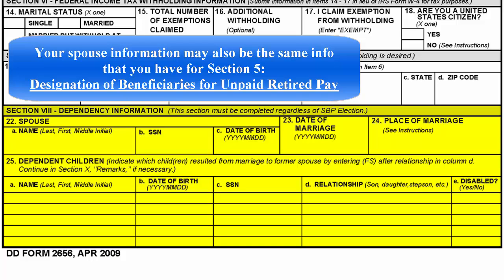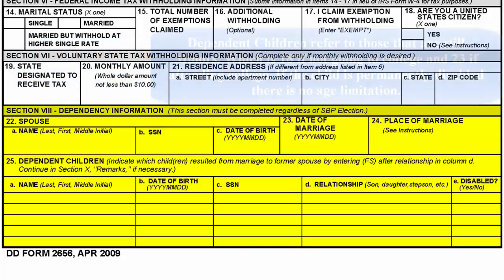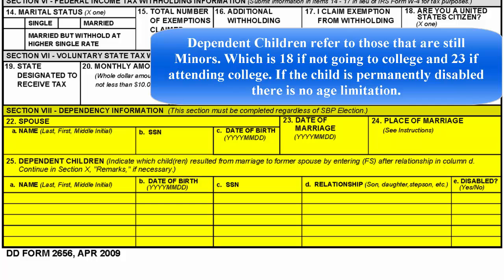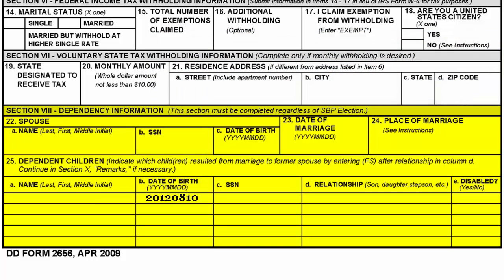This is okay. In Section 8, 25, dependent children, you will list children that are still minors. That means they are under the age of 18 or they are under the age of 23 if they are in college. Their information will be name in 25A by last name, first name, middle initial format, date of birth in 25B in year, month, day format, social security number in 25C, relationship in 25D, and that will be son, daughter, stepson, stepdaughter.